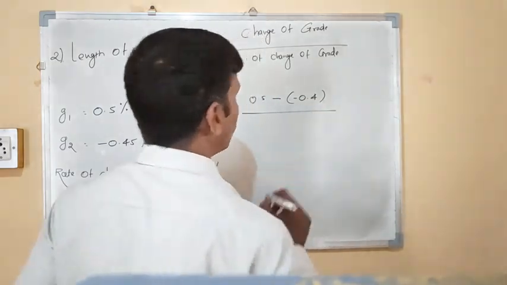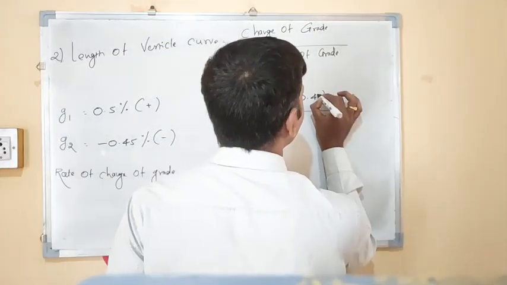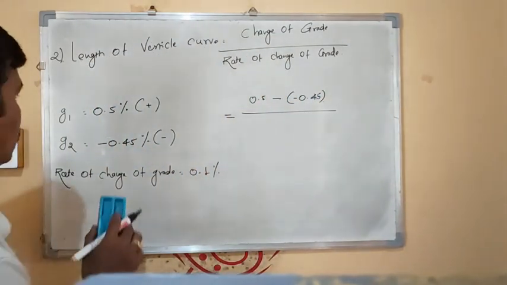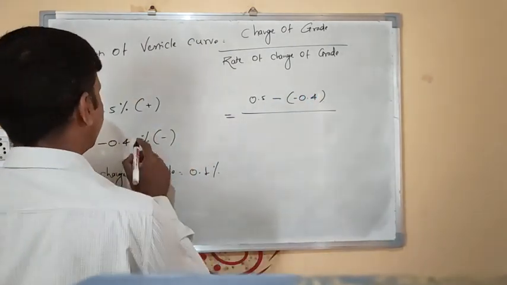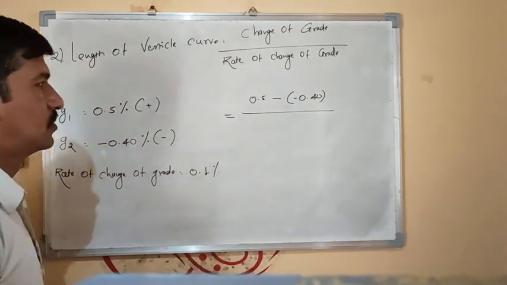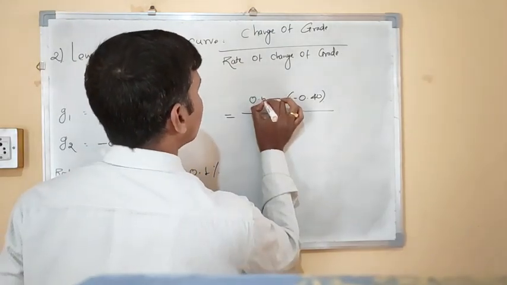Why have I taken it negative? Because the value they have expressed, sorry, the second is 0.4 itself. So consider the same gradient with respect to its sign convention.